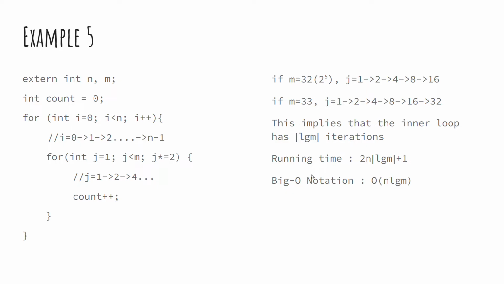So the running time of this example comes out to be 2 times n multiplied by the ceiling function of log m, plus 1. And the big O time complexity of this example is O of n log m.